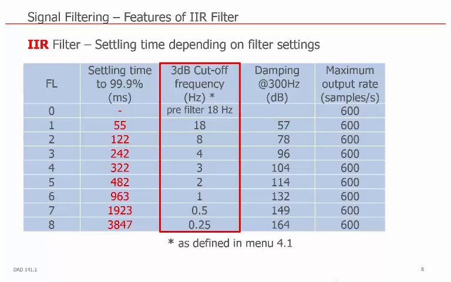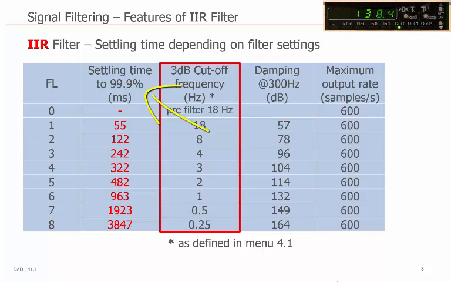Signal filtering. Features of an IIR filter. The table shows the settling time depending on the filter settings. Simple explanation of the settling time. This is the time of a step response to reach 99.9% of the signal level. The column 3 dB cutoff frequency shows the filter setting.